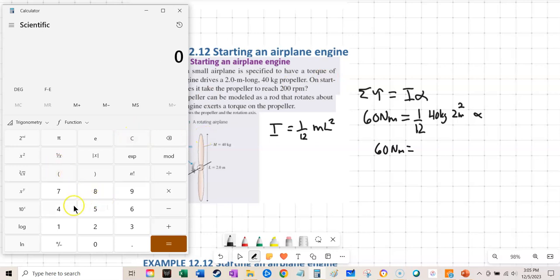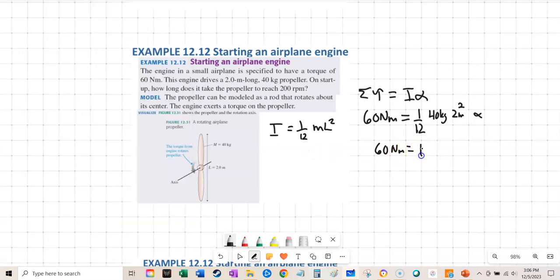So 4 times 40, that's 160 divided by 12 equals 13.33. I'm just going to double check that. 40 times 2 squared, which is going to be 4, divided by 12. Just got to be sure.